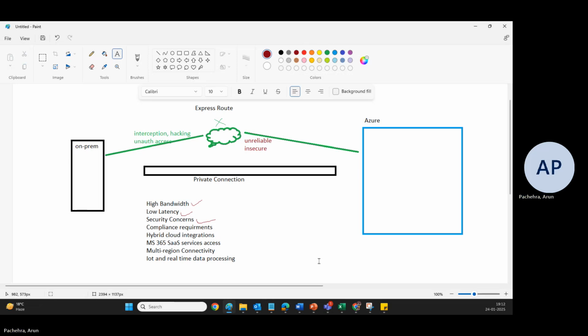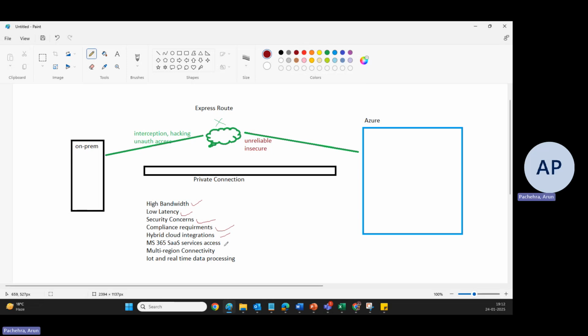Now, we have completed this. Most organizations use Microsoft 365 or Office 365 SaaS applications like Dynamics 365 and others. Accessing Microsoft SaaS services over the internet can lead to latency and security concerns, right?